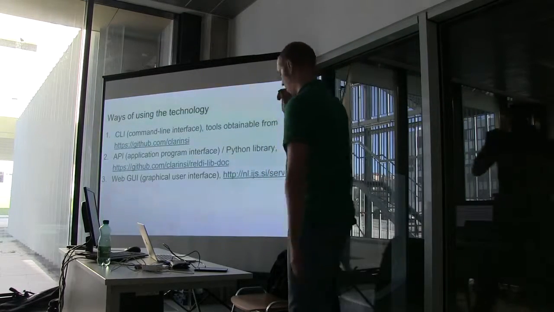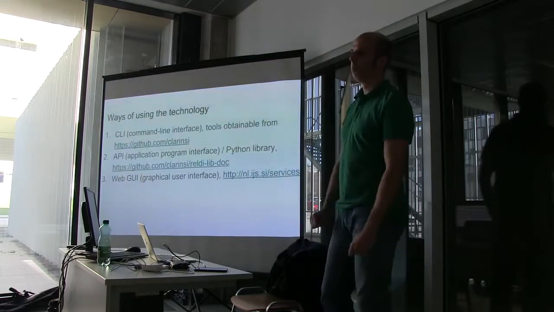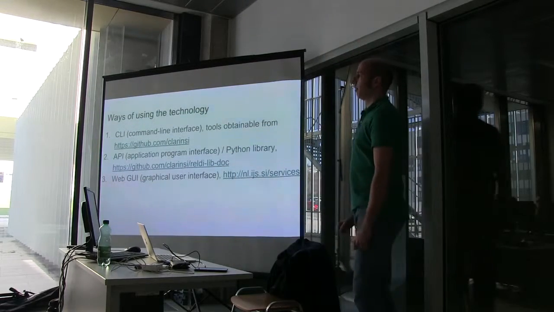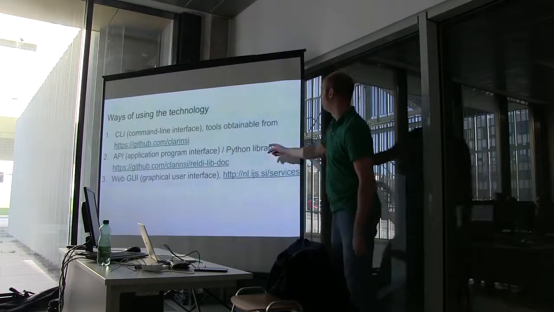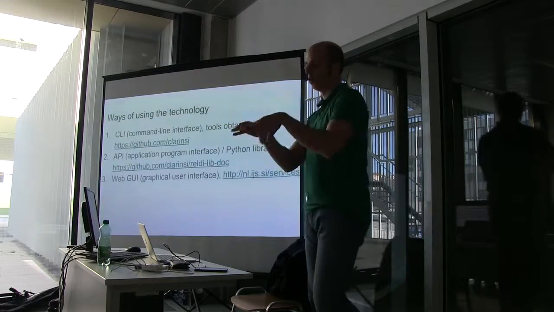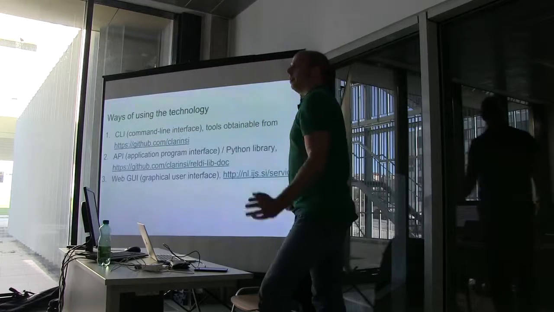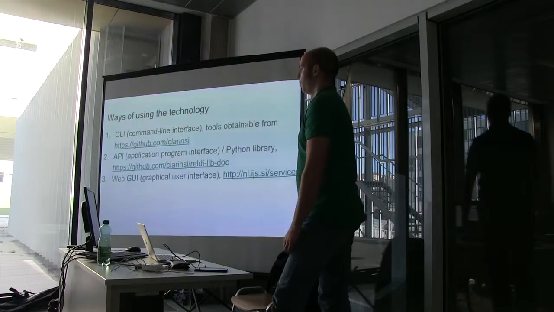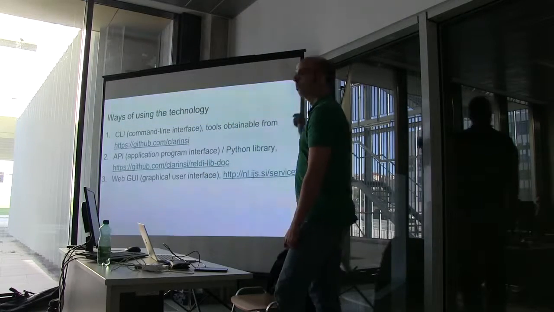As I will show throughout this talk, the API is probably something that most people want to use, and somebody who is more technically savvy or needs to process more data will probably opt for the command line interface version. So they'll take over the technology, install it locally, and run it locally on billions of texts they have in their repositories. Is this clear until now?